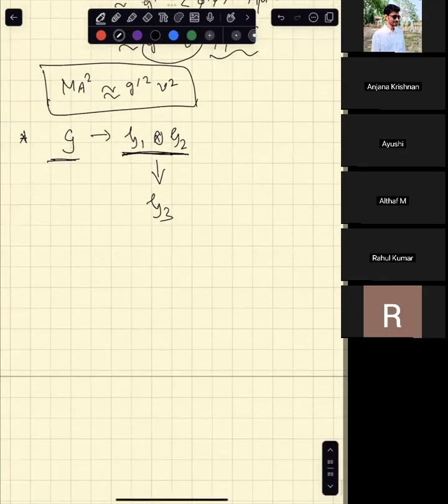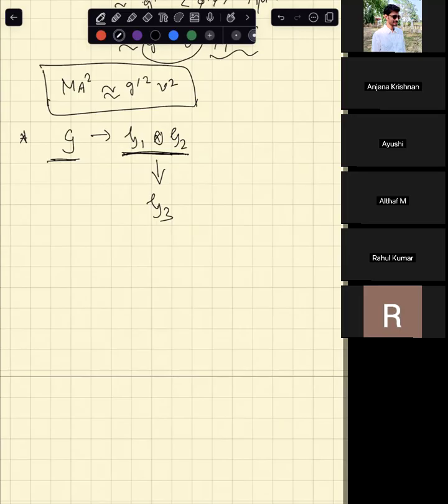As you know, when you perform the symmetry breaking, one of the properties of spontaneous symmetry breaking is that all the quantum numbers associated with the scalar field which is getting this vacuum expectation value are spontaneously broken.